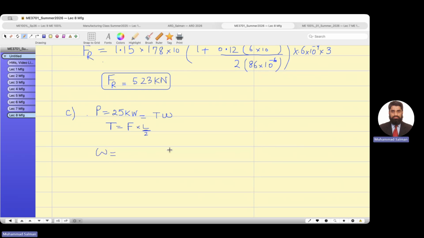Once omega is found in radians per second, then you will use V equals omega times R. Okay, let's do it together. Force 523 in 10 to the power 3, L is 6 in 10 to the power negative 4 divided by 2.